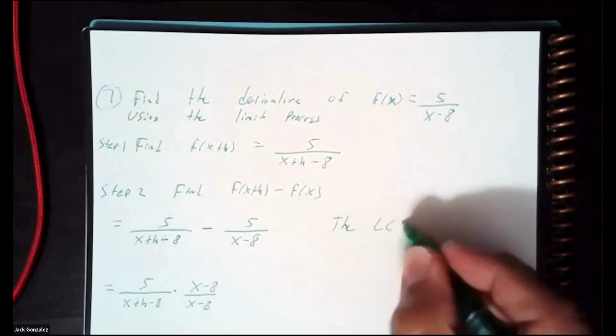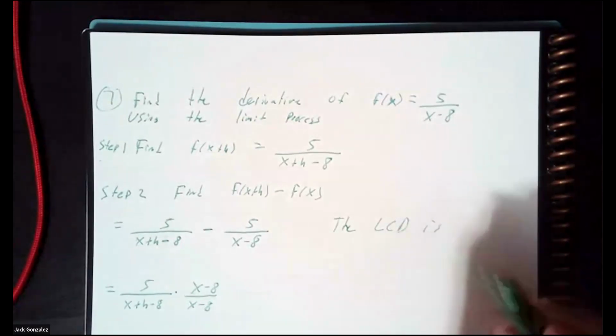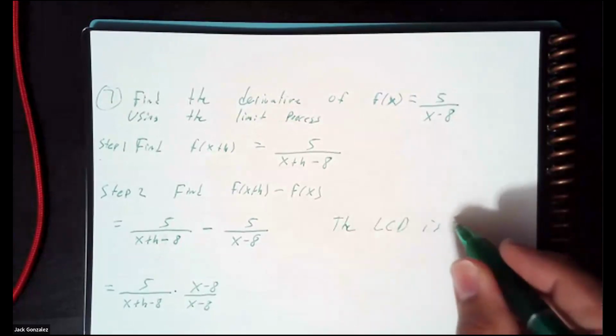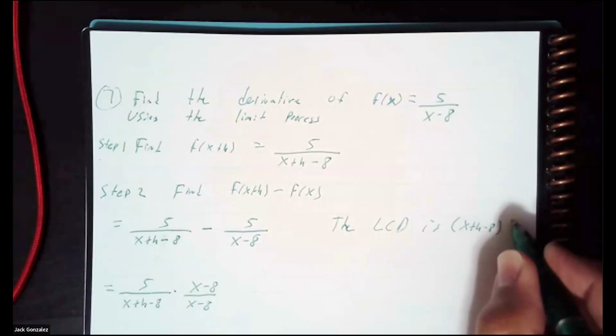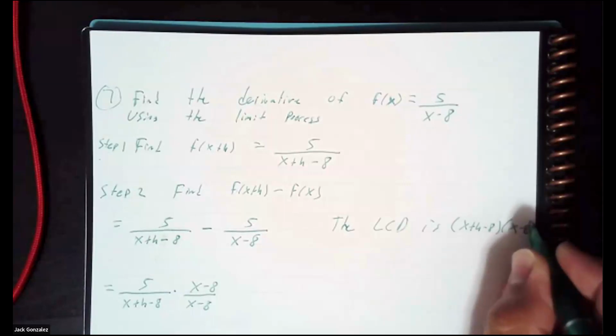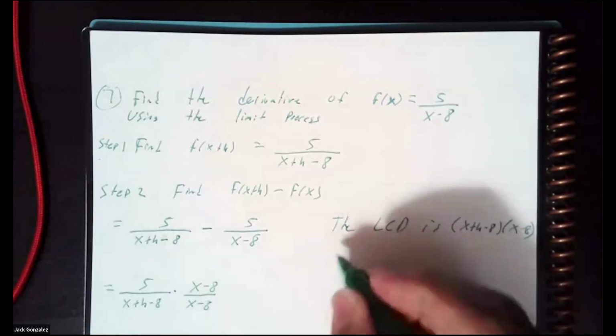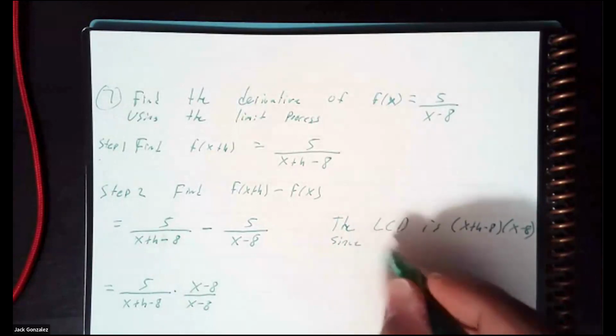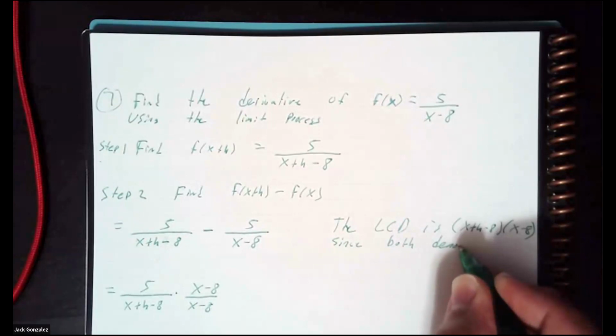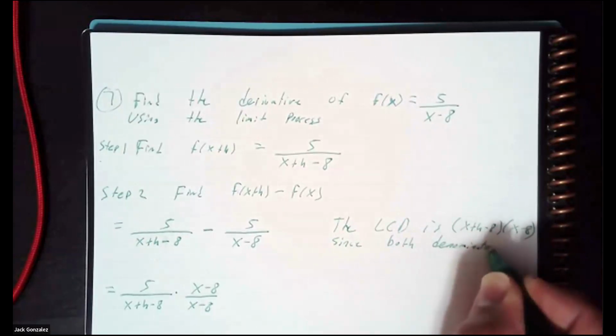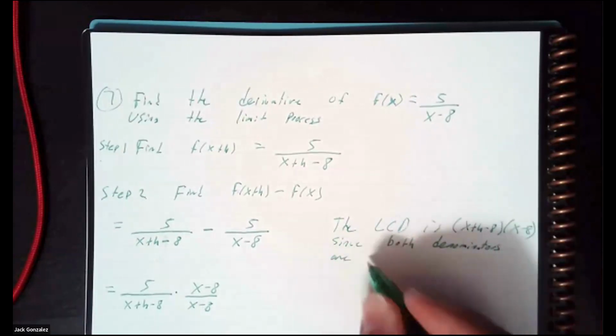The LCD is x plus h minus 8 times x minus 8, since both denominators are prime.